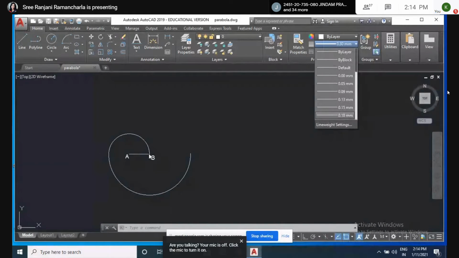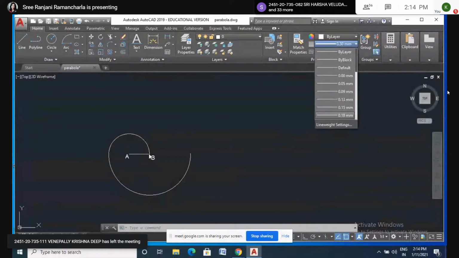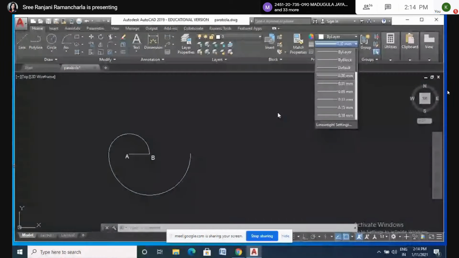That curve is nothing but an involute. This is the involute of a line AB. Here I want to show the thicker line.